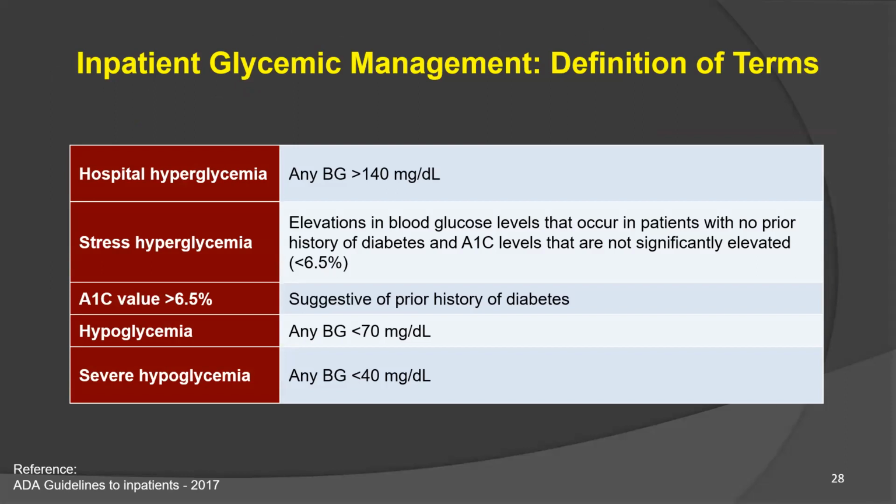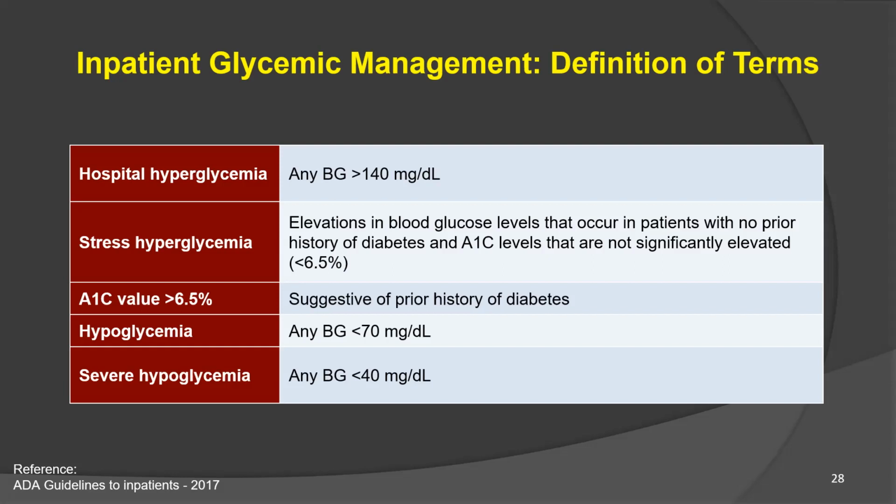When do you say A1C values are significant to consider in a patient? What is hypoglycemia and what is severe hypoglycemia? So hospital hyperglycemia is the same as when we define random glucose more than 140 on an outpatient basis to define diabetes or impaired glucose tolerance. So any blood glucose level more than 140 is hospital hyperglycemia.